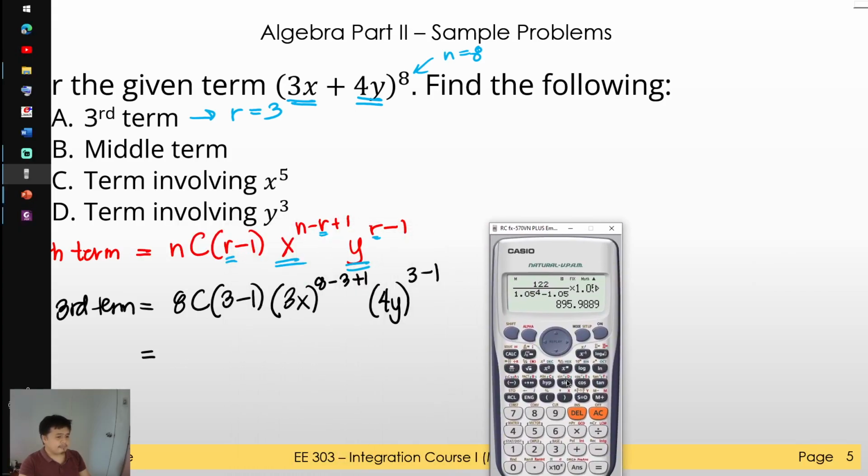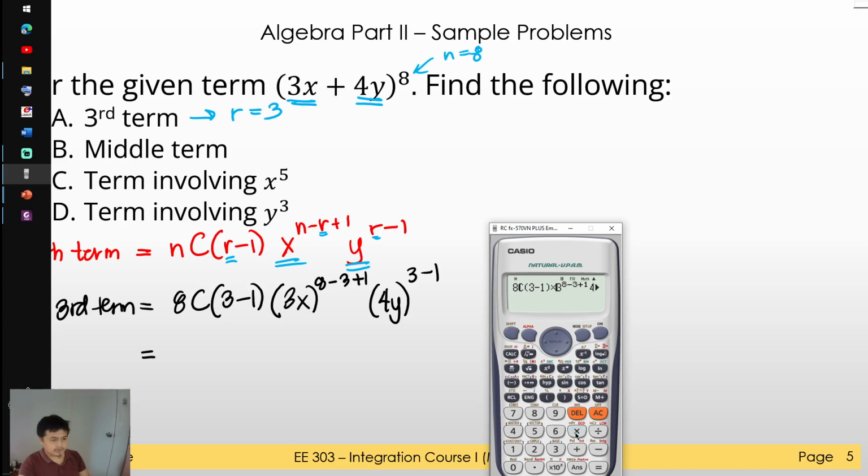We have here 8, and then C. How to solve for C? Shift, divide, and then we have 3 minus 1. And then 3 raised to 8 minus 3 plus 1. And then we have 4 raised to 3 minus 1.